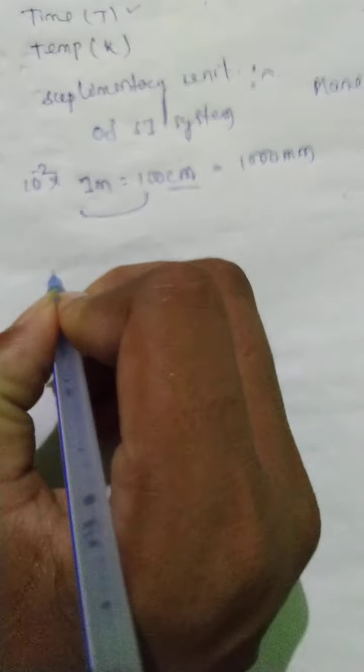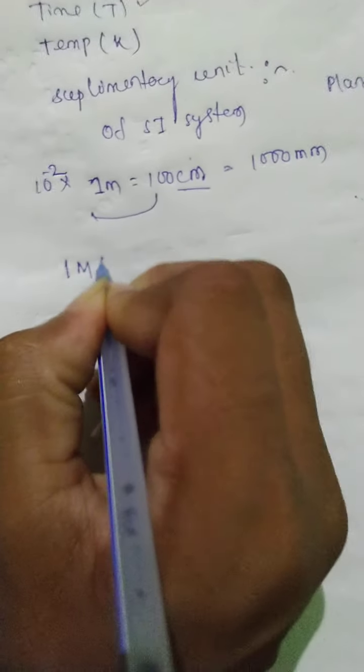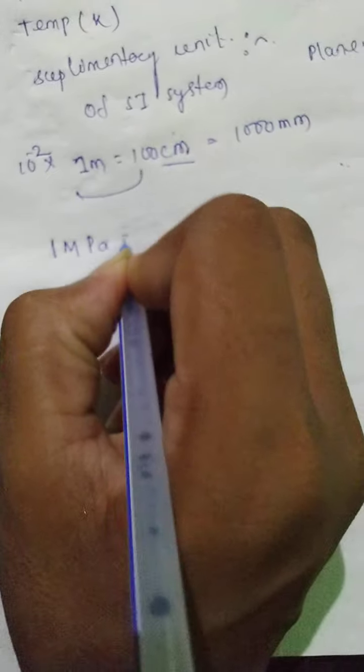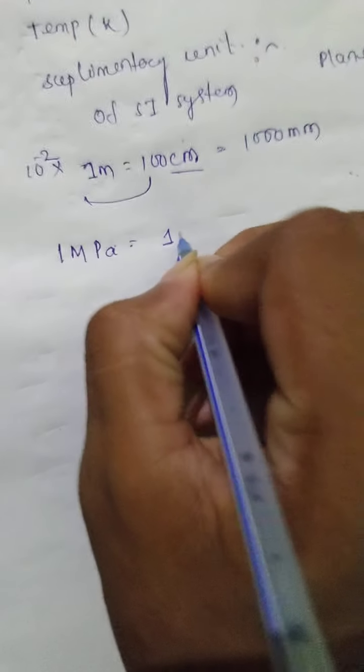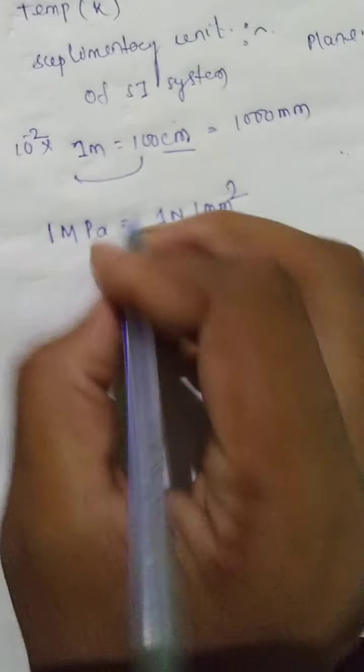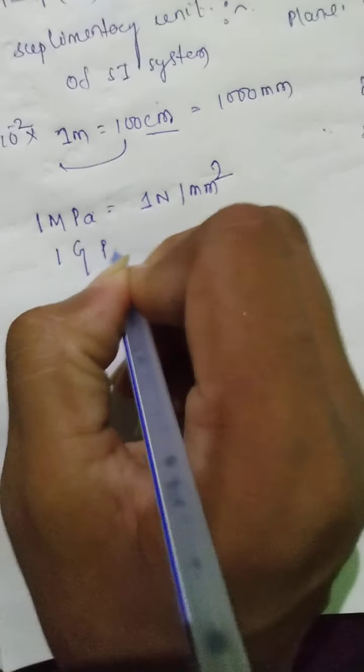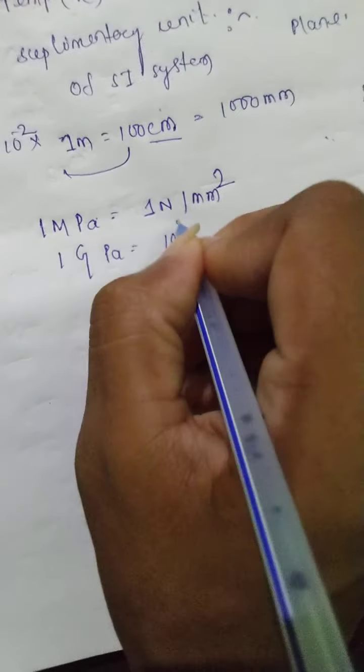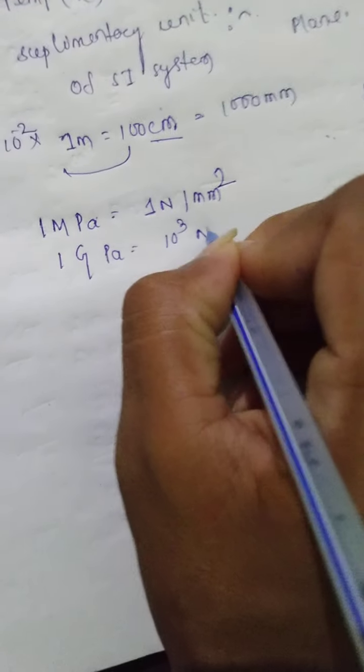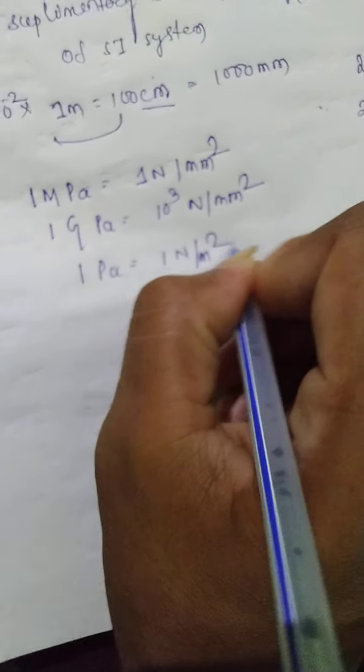Then 1 megapascal equals 1 Newton per millimeter square. 1 gigapascal equals 10 to the power 3 Newton per millimeter square. 1 pascal equals 1 Newton per meter square.